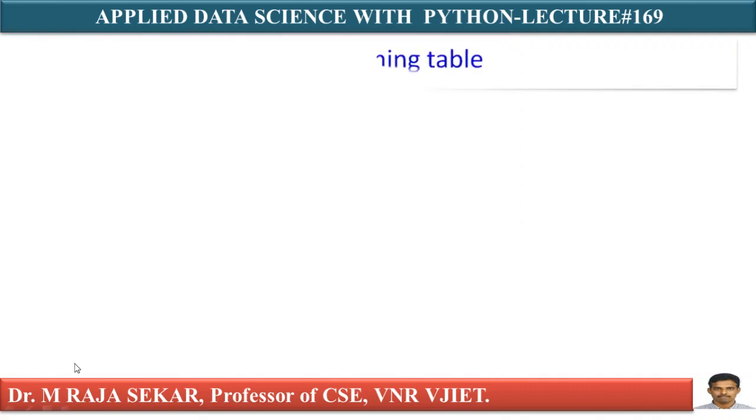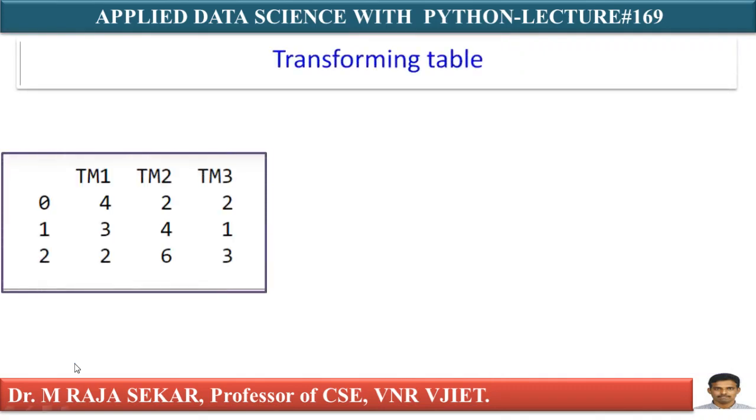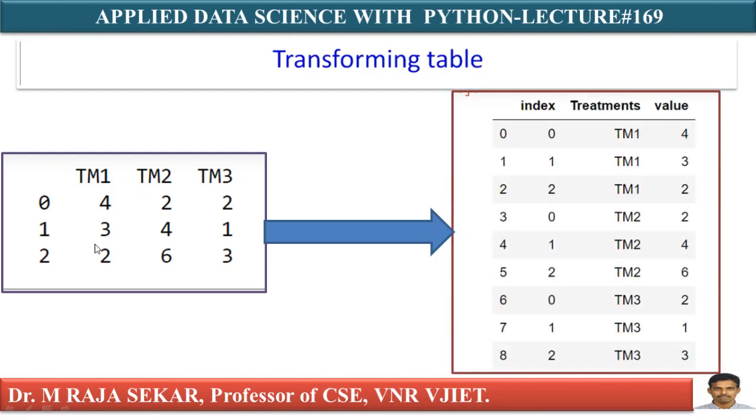Now my intention is I must construct the Anova table. To construct the Anova table, I must convert this data into a particular format. How can I convert? We know one particular command, the pd.melt command. I discussed what the melt command is in initial classes. Just refer to my initial lectures on Python so that you can understand pd.melt.